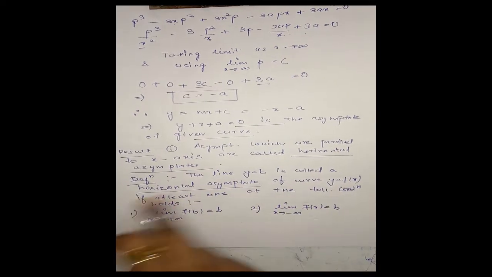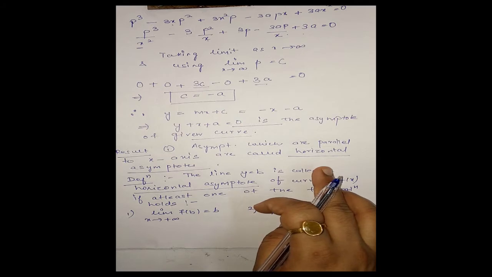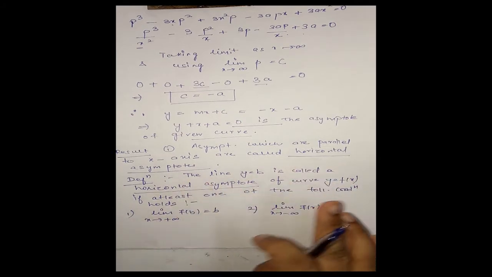From this limit we can easily find our horizontal asymptotes.